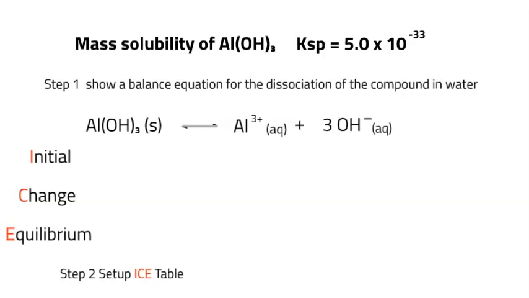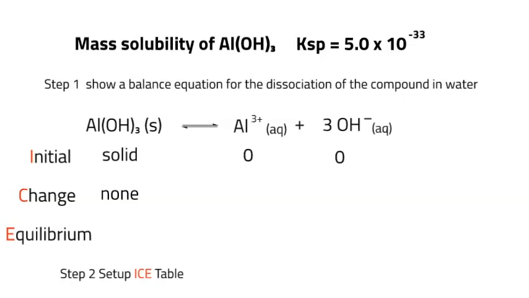So the initial amount of aluminum hydroxide solid is equal to 1, and effectively we could just ignore it because the concentrations do not change for solids and liquids. The initial amount of product ions are 0. For the next row, on change, the amount of change that occurs for solid is none.